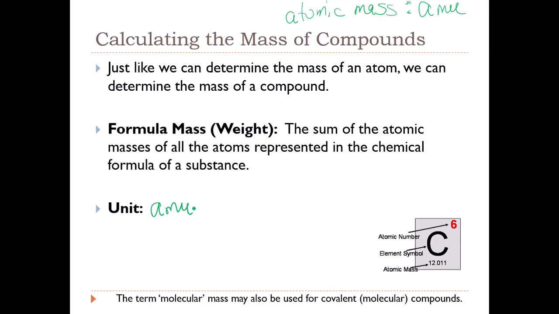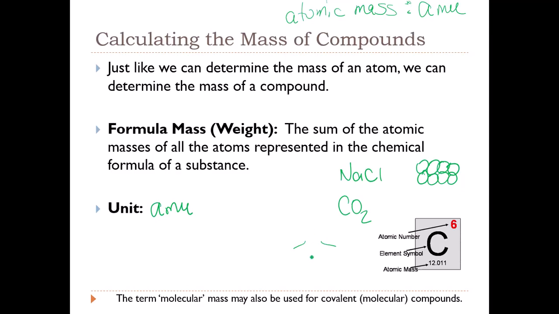So we would sum up all the atomic masses of the atoms present in a compound to give us the formula mass. Now, you may also see the term molecular mass used for covalent or molecular compounds. If you remember, ionic compounds like NaCl are not true compounds. We have a crystal lattice structure, so it's not like CO2 where we'd have discrete molecules.